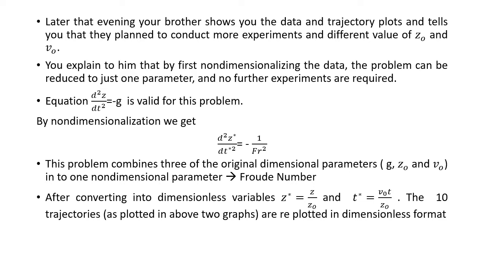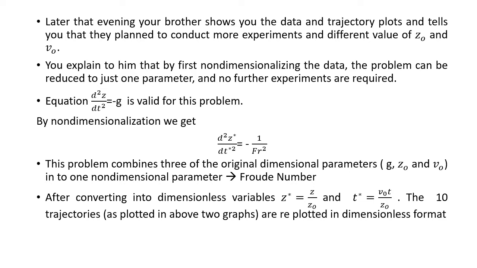So you need to conduct only one experiment. Otherwise, if you go by the raw method of conducting experiments at different heights and at different velocities, you need to conduct a large number of experiments to understand the relation between Z0 and V0.